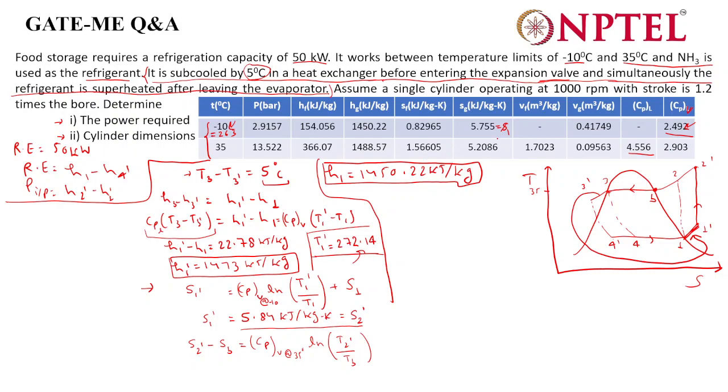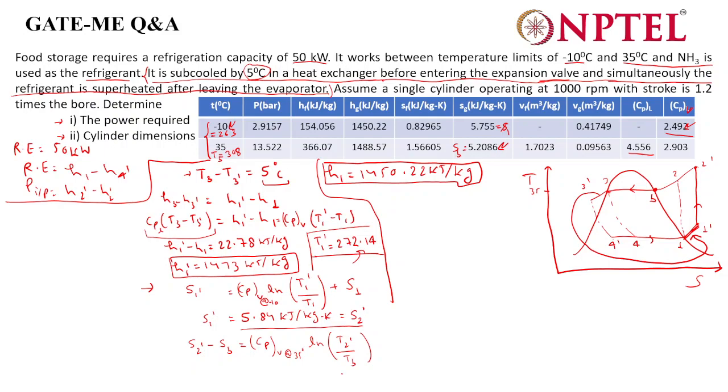What is SB? This is SB, right? Correct? Yes, sir. So we know everything: S2 dash, SB, Cp of vapor and TB. What is TB? TB is this, means 308, right?